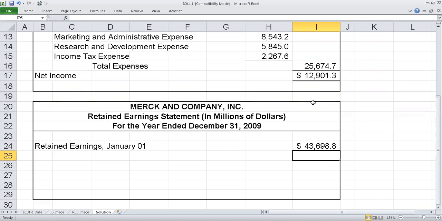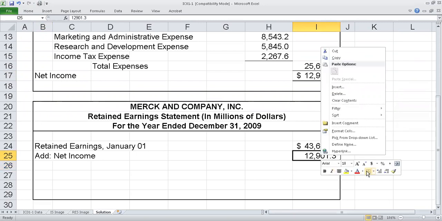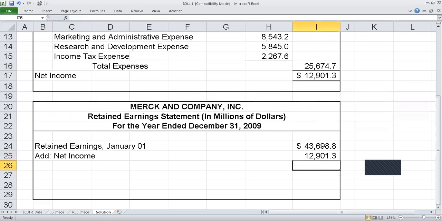And then the net income flows down because our very next line, we're going to add net income. So the 12,901.3 comes right on down. And we have a little hanging subtotal here. Even though we don't write any words on this line, we'll put in a little subtotal, 56,600.1.